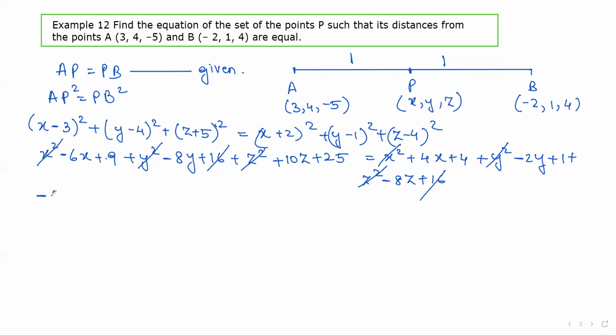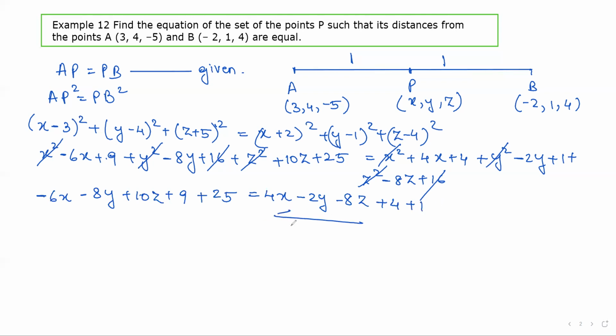We'll write the variables first, and we'll take all the variables from the right hand side to the left side. So minus 6x minus 8y plus 10z, the variable terms first, then plus 9 plus 25 is equal to 4x minus 2y minus 8z plus 4 plus 1.